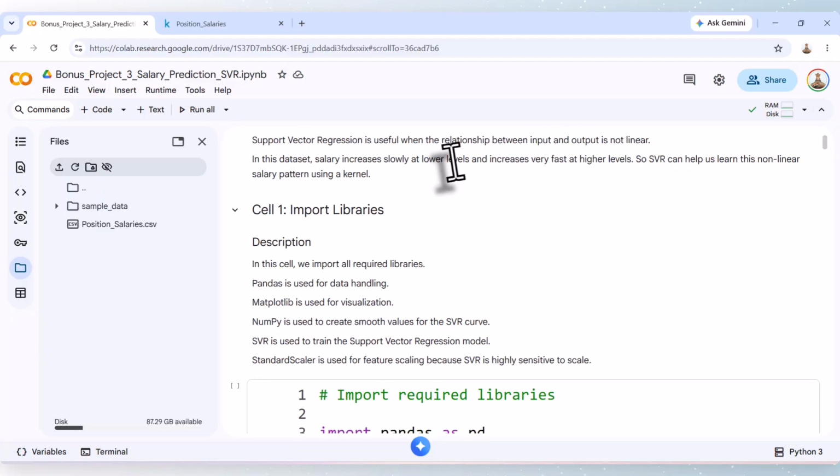And support vector regression is mainly useful to find the relationship between the input and output features when the data is non-linear. In the dataset, the salary increases slowly at lower levels and increases very fast at higher levels. So SVR can help us to learn this kind of non-linear salary patterns using the kernel functions.